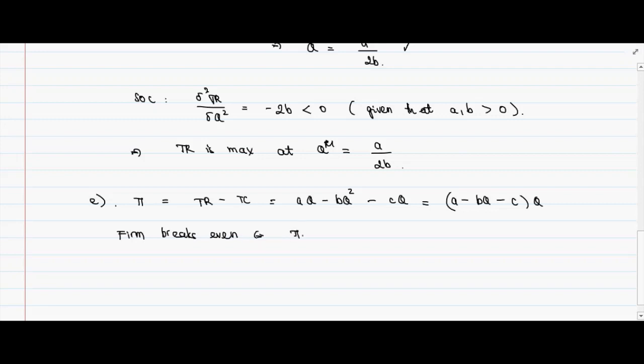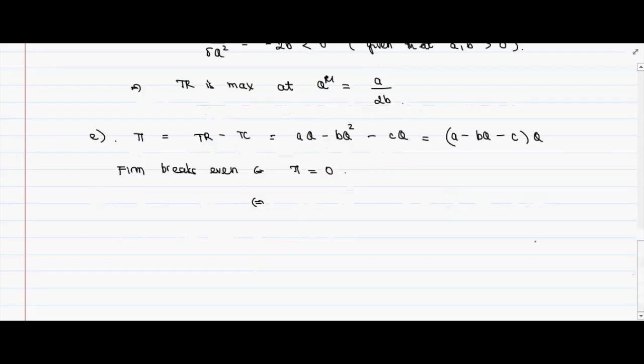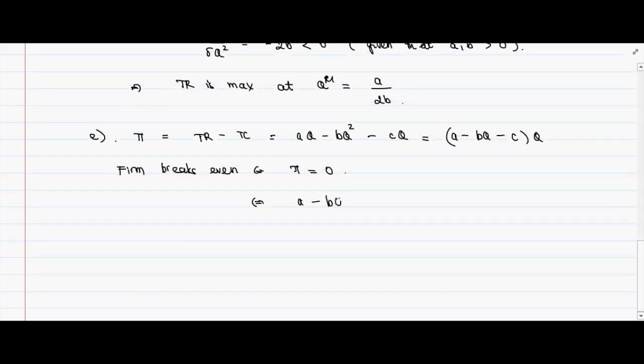So the firm will break even when the profit equals 0. I just have to solve this equation, A minus BQ minus C times Q equal to 0. This is equivalent to either A minus BQ minus C equal to 0 or Q equal to 0.